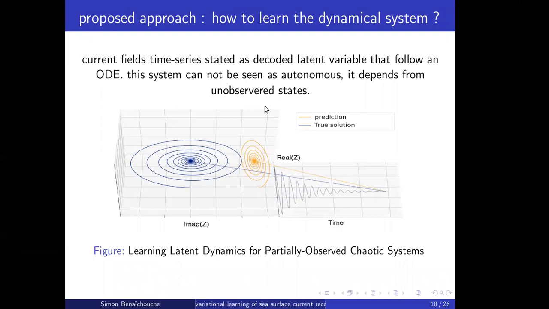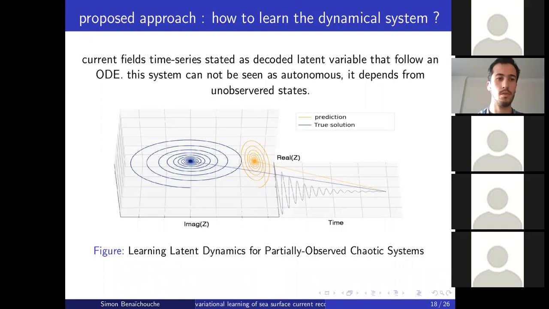This article is about how to learn dynamical systems which are partially observed, and the idea that we used in this work is to augment the latent state with some variables you never observed, but you optimize your loss function in a way that it explains your observations.